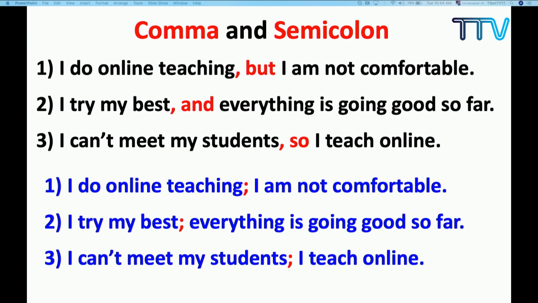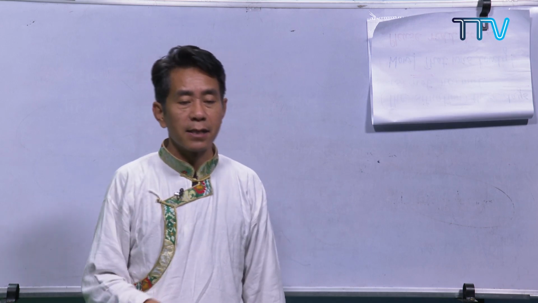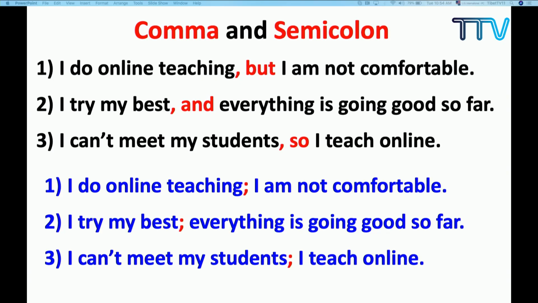Now, semicolon. If we want to use a semicolon, then we can omit the connector. Just look at the same sentence where, in the next one, I have used a semicolon instead of a comma and connector. I do online teaching; I am not comfortable.